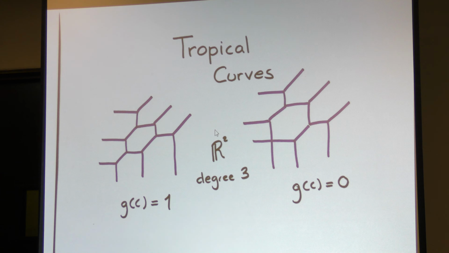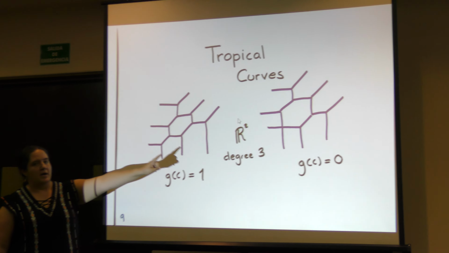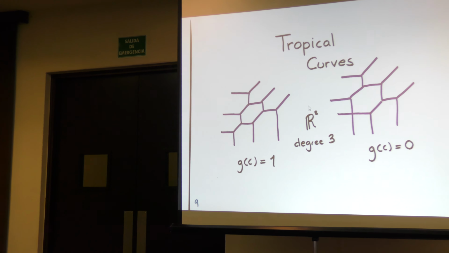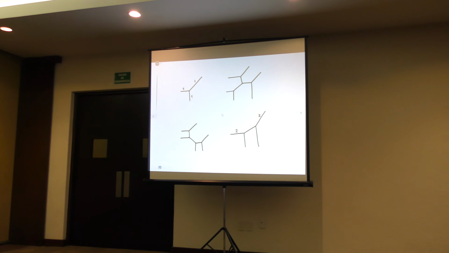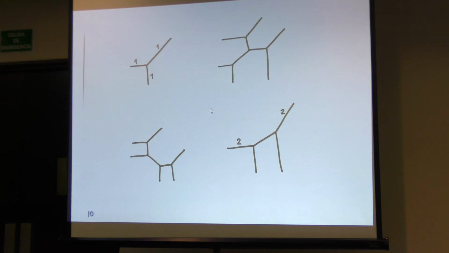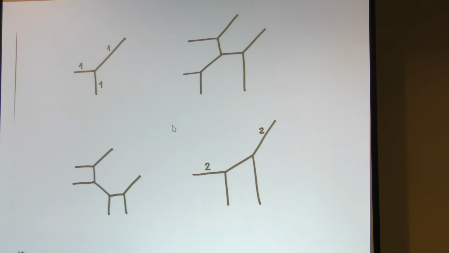These two pictures are exactly the same as I have in the first slide. It's a tropical cubic of genus 1, and a tropical cubic of genus 0 in R2. Tropical curves for me will be embedded rational weighted graphs, balanced graphs. For example, this is R2.